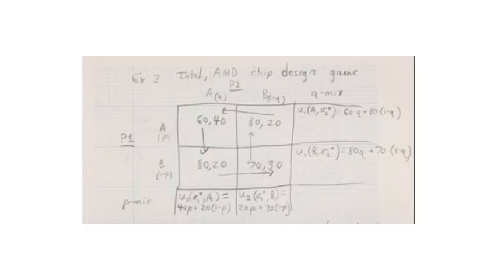Okay, and by setting these payoffs equal again, we're just recognizing that player 1 is going to choose P to make player 2 indifferent between their two pure strategies and vice versa. Player 2 is going to choose Q to make player 1 indifferent between their two pure strategies that are available. If you don't make the other player indifferent, then you're leaving an advantage for the other player, and in fact, you're not mixing efficiently.